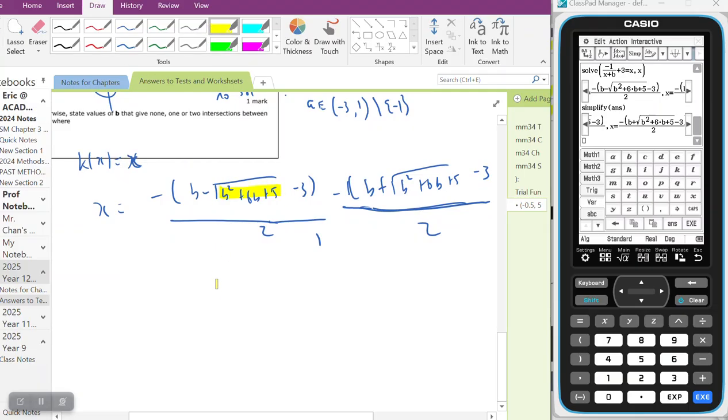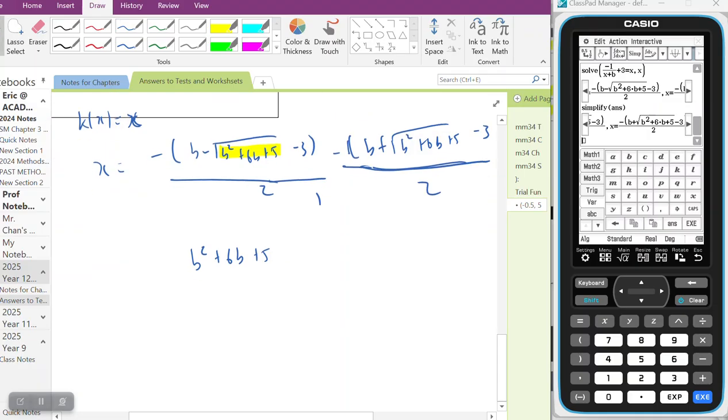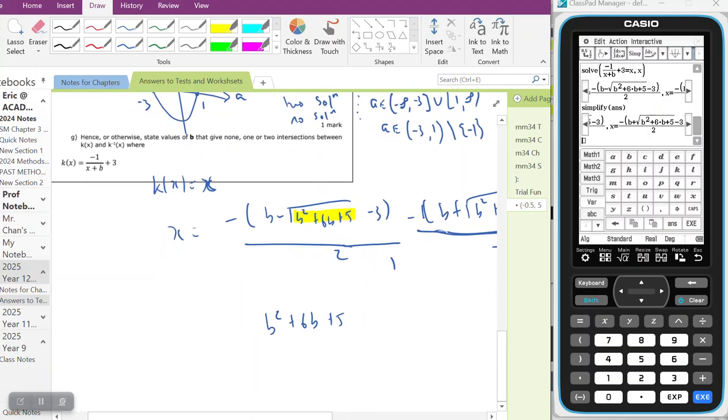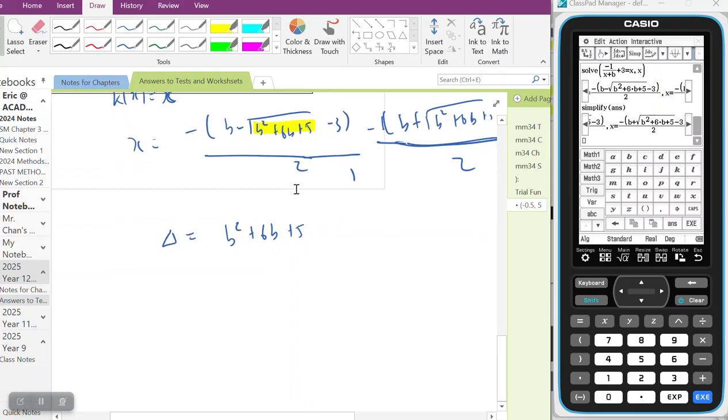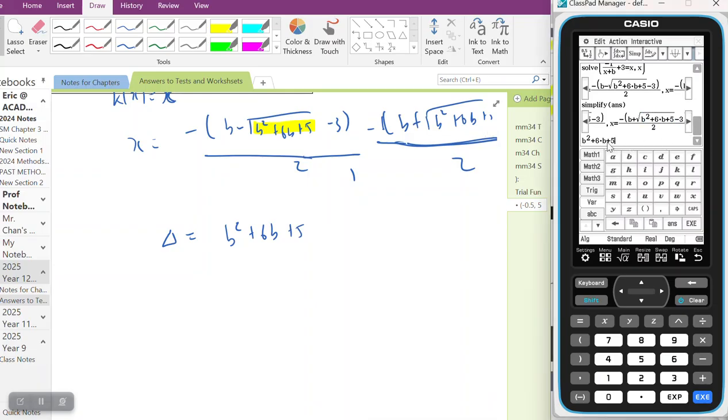So you've got b squared plus 6b plus 5. We want none, so discriminant equals that. Now I'm going to graph this very quickly. You can't graph it with b. You just have to change these to x's to graph it.